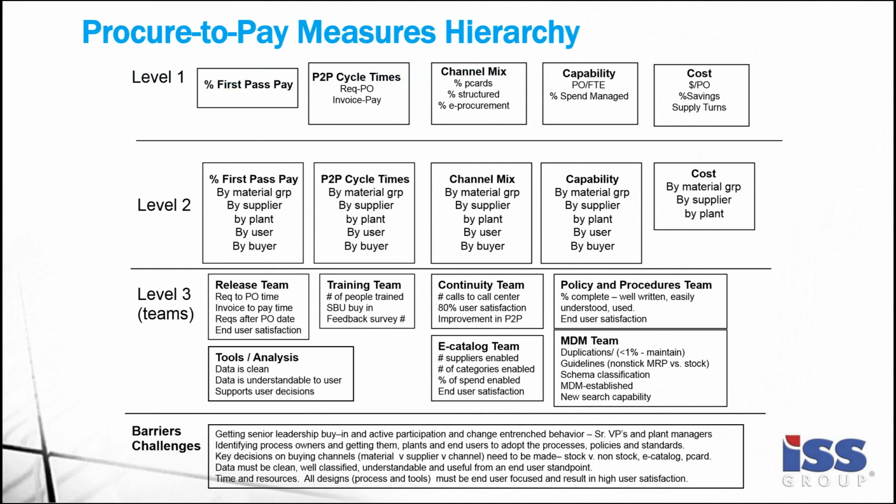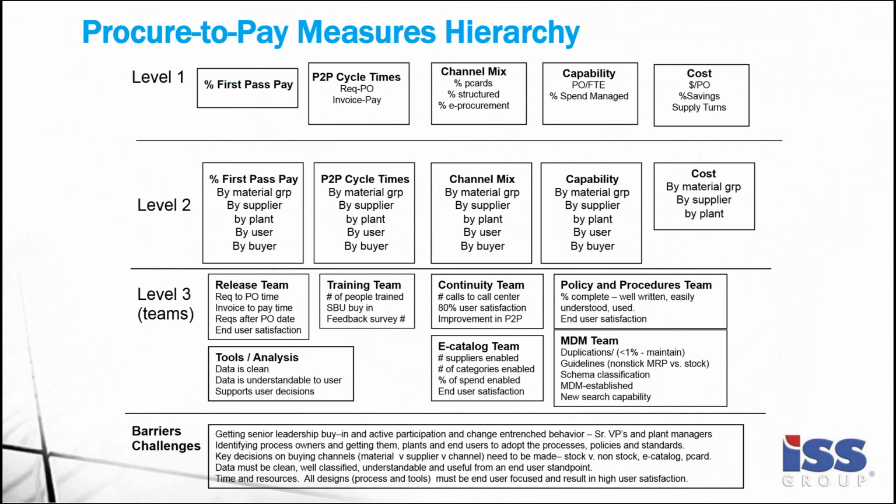Now, the policy and procedure team: how well are the procedures and policies written? How simple are they? How implementable are they? And how aligned to the business process are they? Are they understood? Are they used? The MDM team, the master data management: how well is the material master set up?